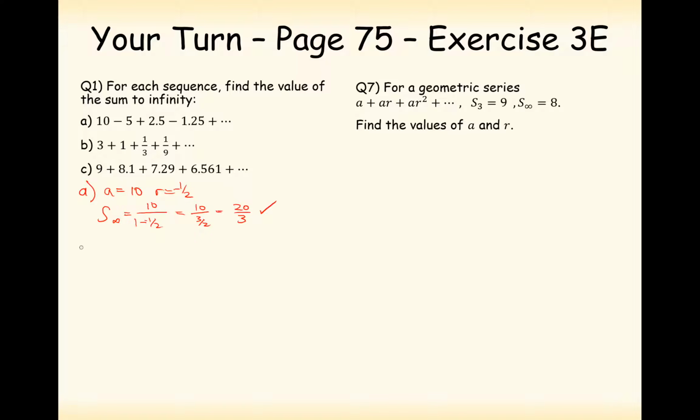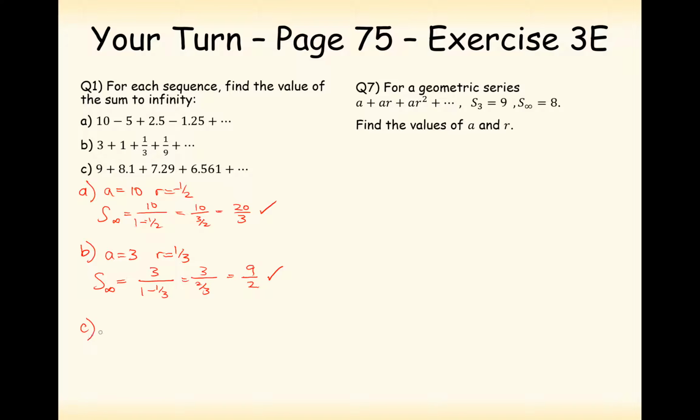Okay, so that's the answer to part A. The answer to part B, A is going to be 3, R is going to be a third. So the sum to infinity on this convergent sequence is 3 over 1 minus a third. That's going to be 3 over 2 thirds. So this is going to be 9 over 2.